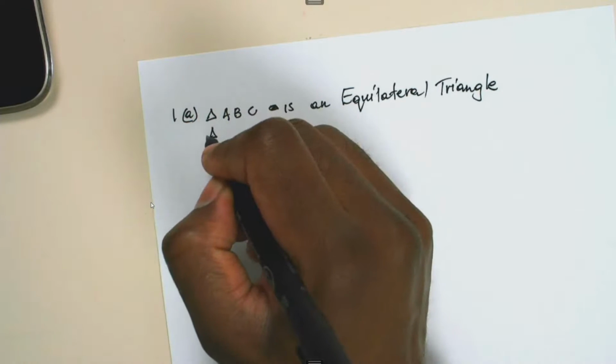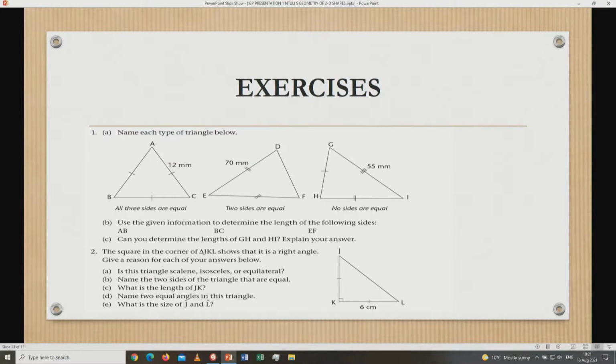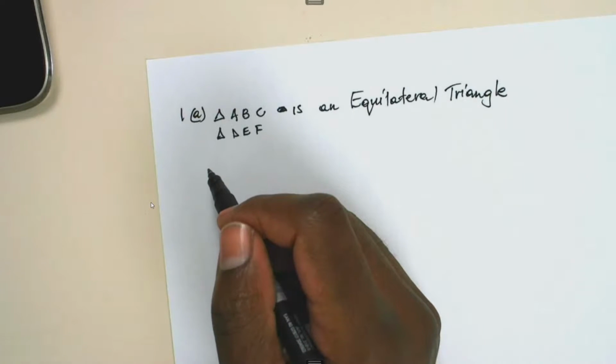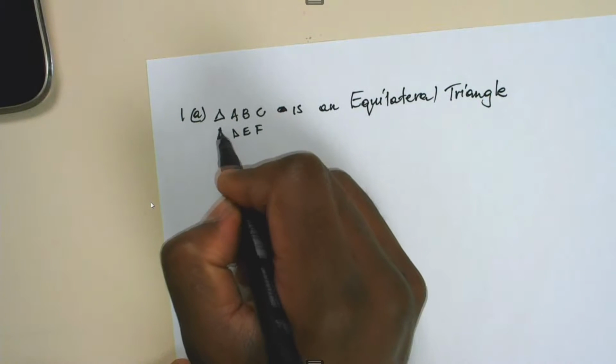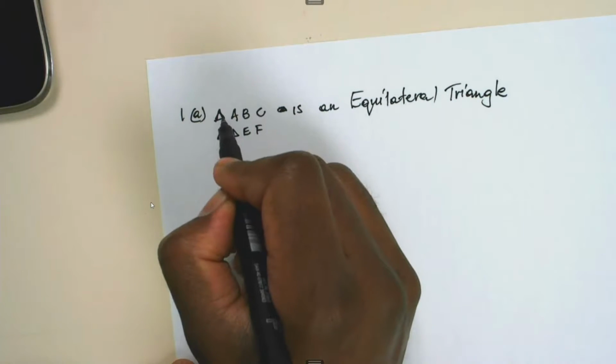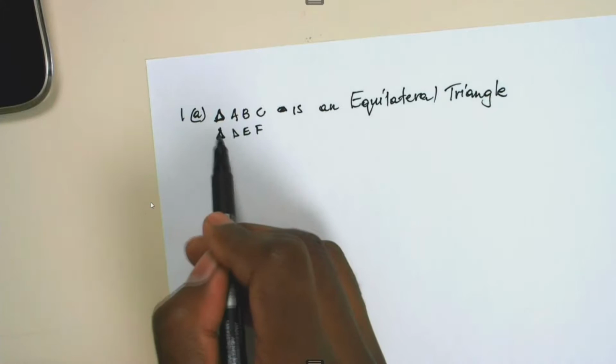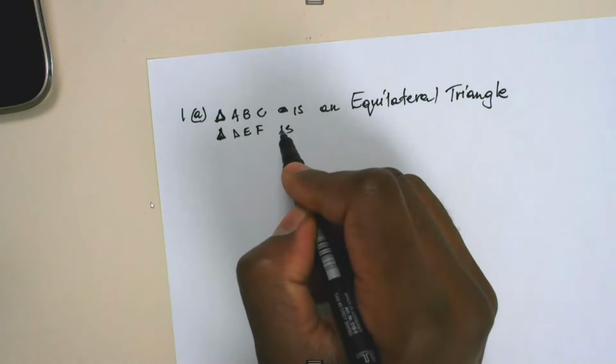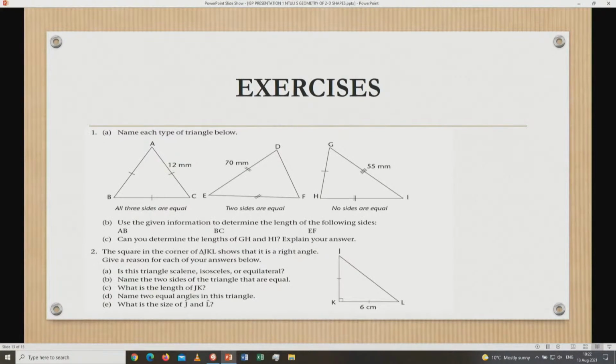Triangle DEF. Can you see the way I write, guys? This is the short way of saying triangle. So it is triangle DEF because there are 2 sides that are equal.